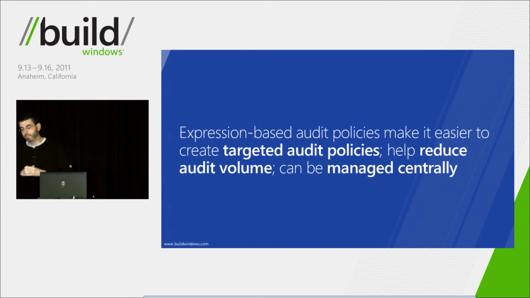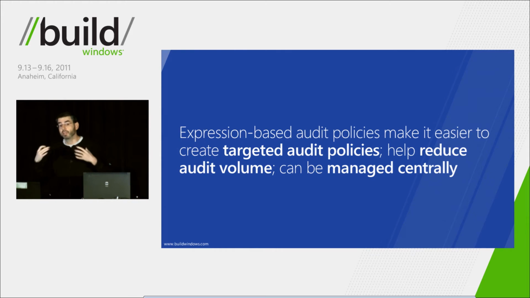And this can be done centrally. So we can make sure that we actually have audits when the time comes that we need them, that we have the events to go analyze.